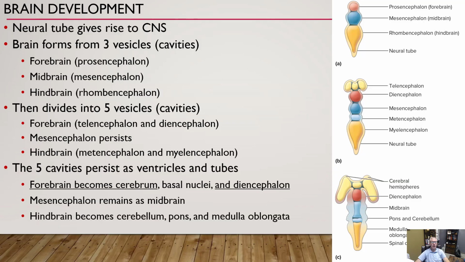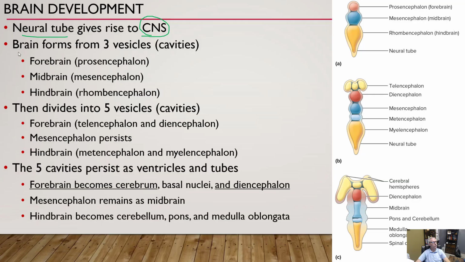All right, so this isn't an embryonic class. This isn't a genetics class. We're not going to spend much time on this. But in the womb, we have this thing called a neural tube, which is eventually going to become the central nervous system.